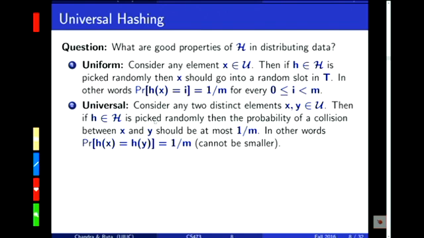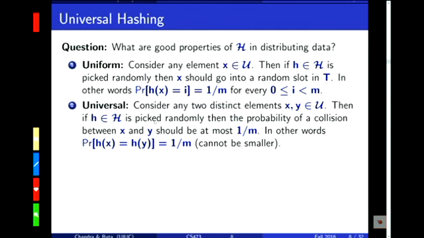Second is universal, which says that if you take any x and y, distinct, and then if you pick a function at random, then the probability that they will collide, so h of x equals h of y, is 1 over m. Okay? And this is good. We'll see why. This is what we want.